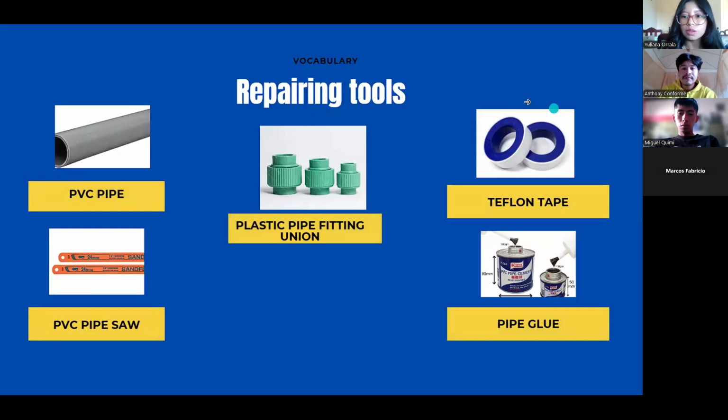Now, these are some repair tools that are usually used. Okay, the first is a PVC pipe. This is a plastic pipe. There are other pipes made for electricians, but in this case, the pipe has a big size. The next is the plastic union, or coupling.